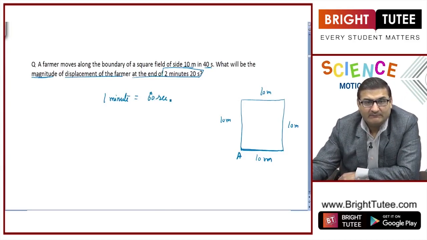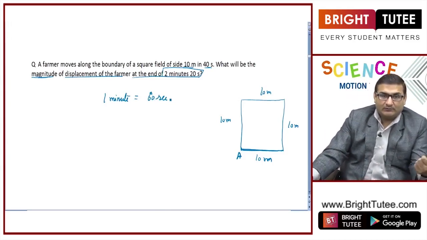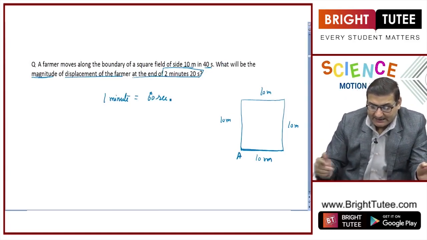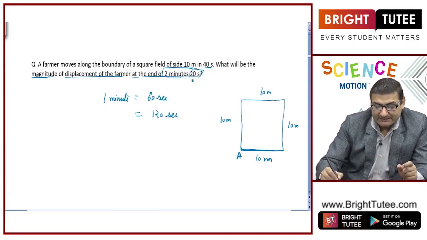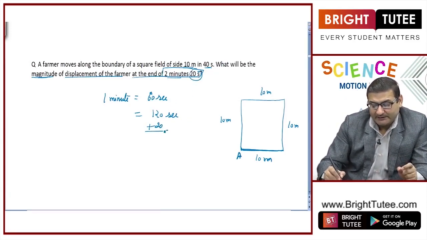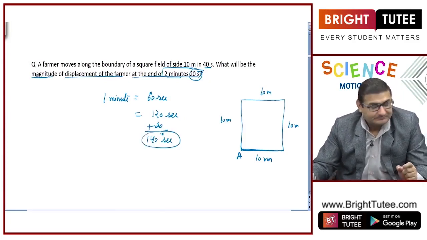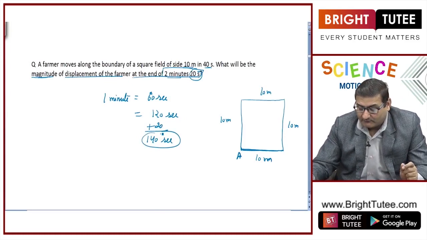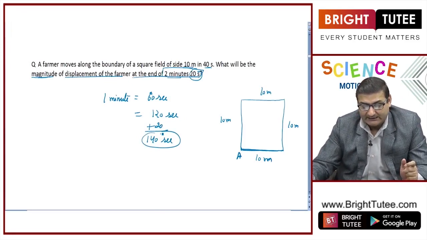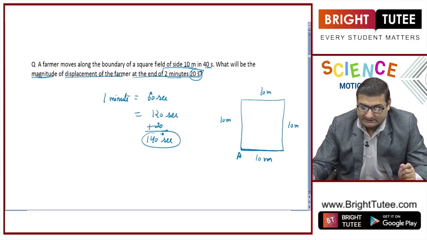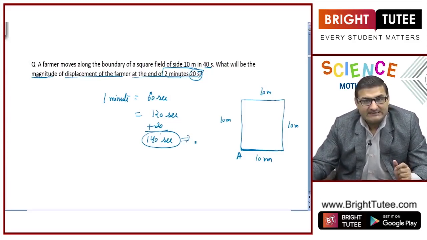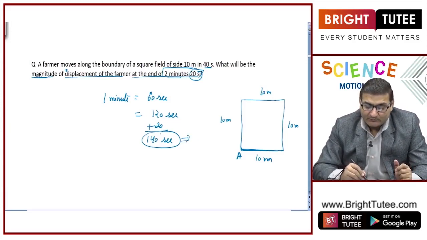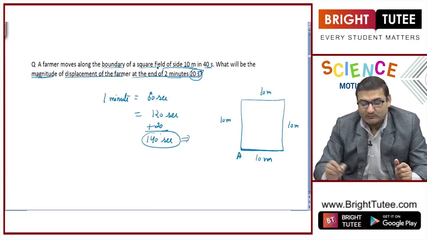So 2 minutes should be equal to 120 seconds plus 20 more, so that comes out to be 140 seconds in totality. So what we are asking is how much distance this farmer is going to move at the end of 140 seconds.